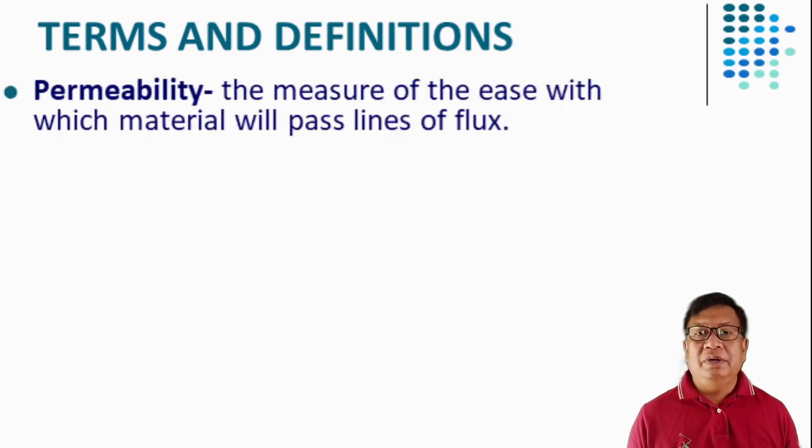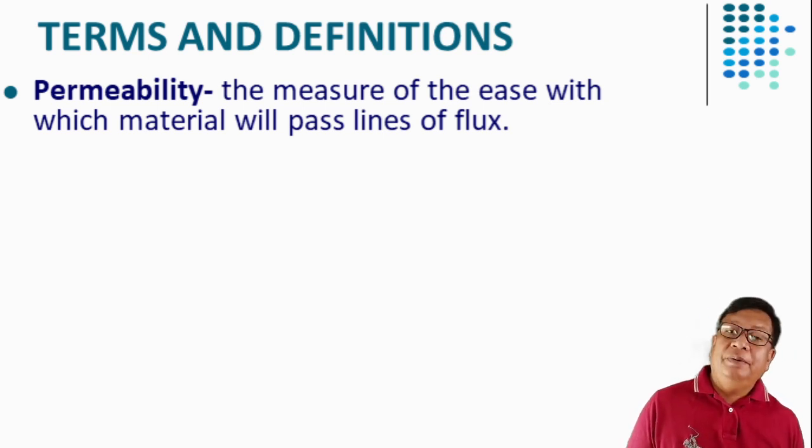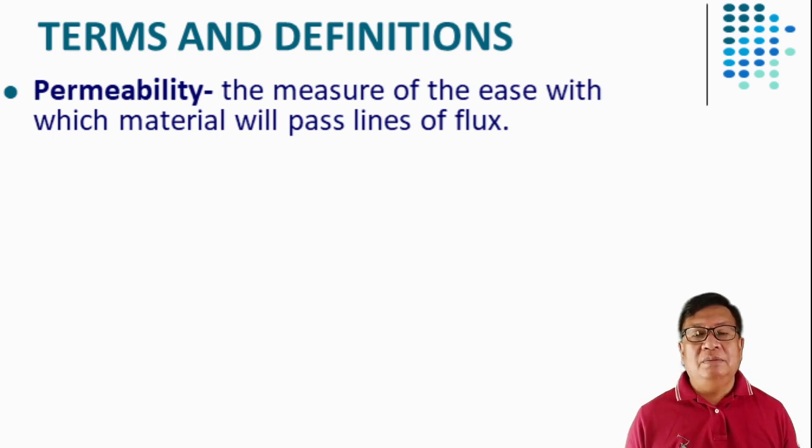We have other terms to define. We have permeability. This is the measure of the ease with which a material will pass lines of flux.